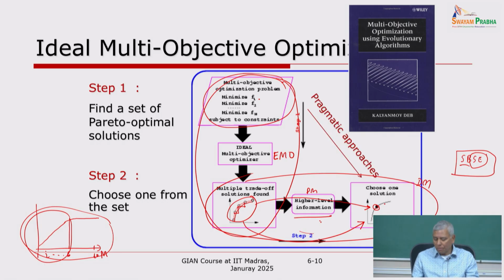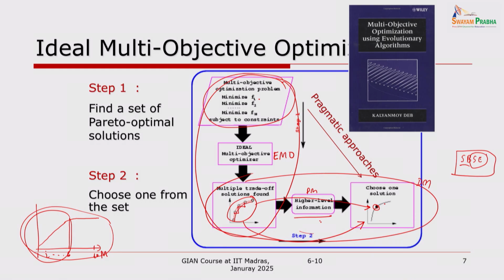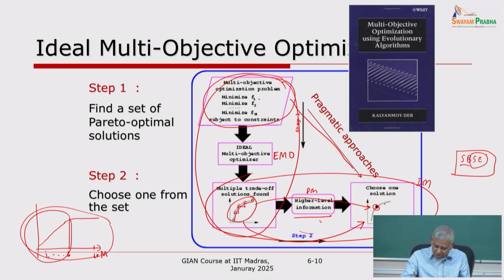Okay, so these days a lot of algorithms and methods are coming out where we don't first do optimization and find the whole set and then make a decision. That is a two-step process. Rather, we have a diagonal step where we do a few iterations of optimization and we get some Pareto, not Pareto then, because we haven't converged to the Pareto set, we call it a non-dominated set.